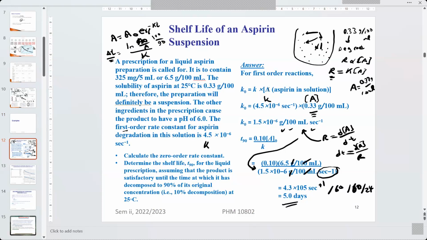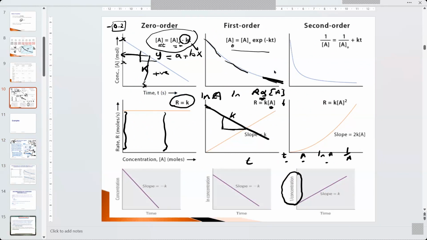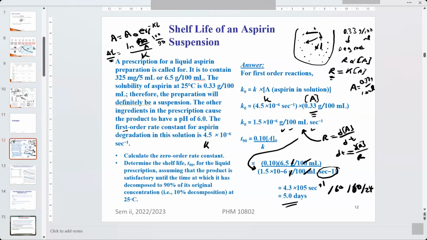Did you understand the concept or no? We can repeat it again if you don't understand. Did you understand the concept? Hello? Can I get answers? Did you understand this?